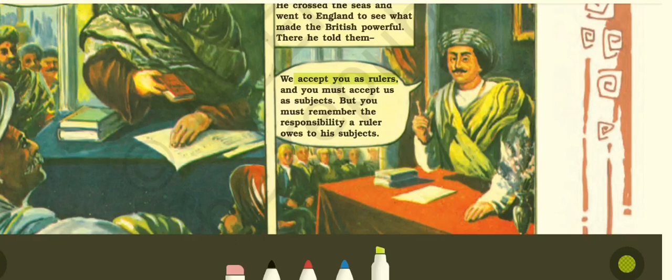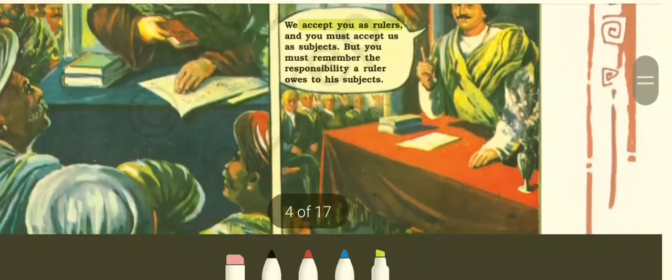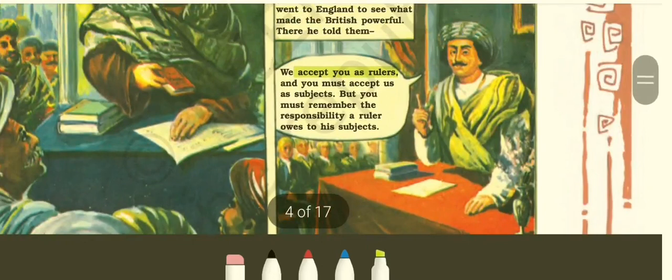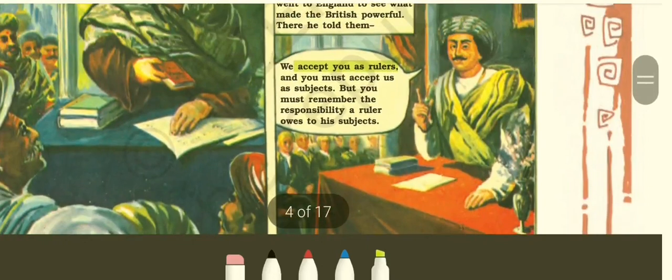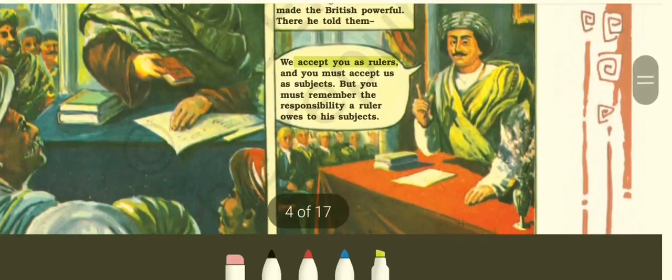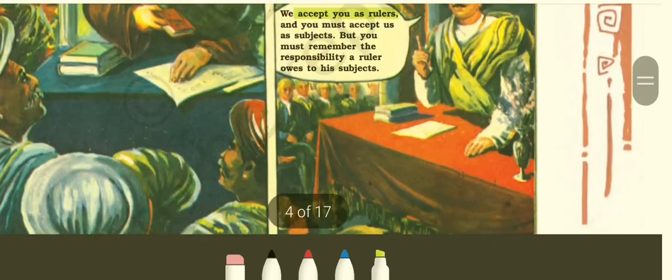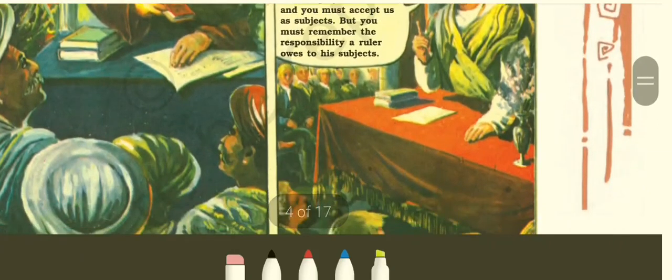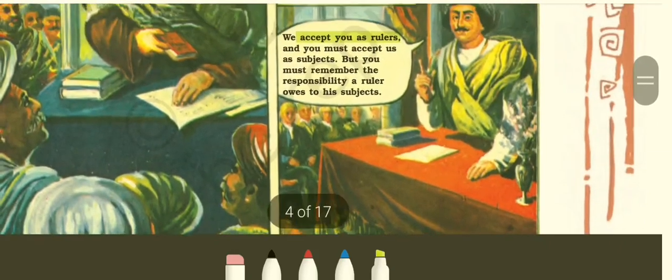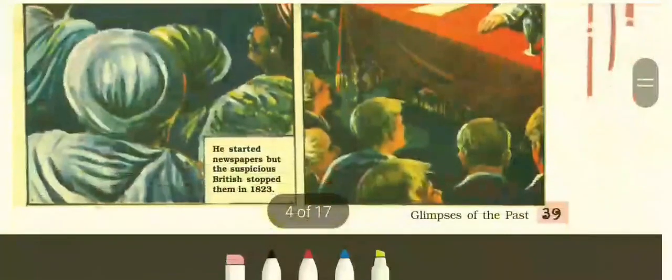But you must remember the responsibility a ruler owes to his subject. Okay, so he gave this powerful propagation. He says, even if you want to rule us for some time, you have your fair share of responsibility towards us. You cannot demean us the way you all are doing, is what Raja said. Brave effort by Raja.